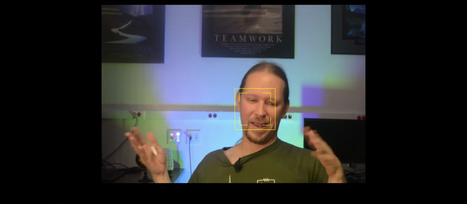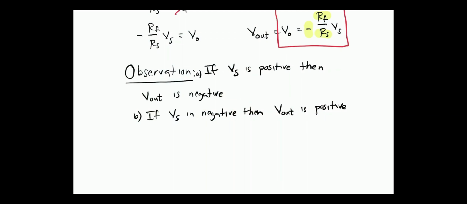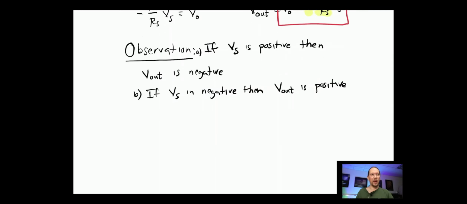Similarly, and sometimes these are needed as well, if we make R F very, very small compared to R S, then rather than having a very large output voltage, we can turn it into a very small output voltage. But we can control the magnitude of the output voltage by controlling the value of the feedback resistor in comparison to the resistor R S.